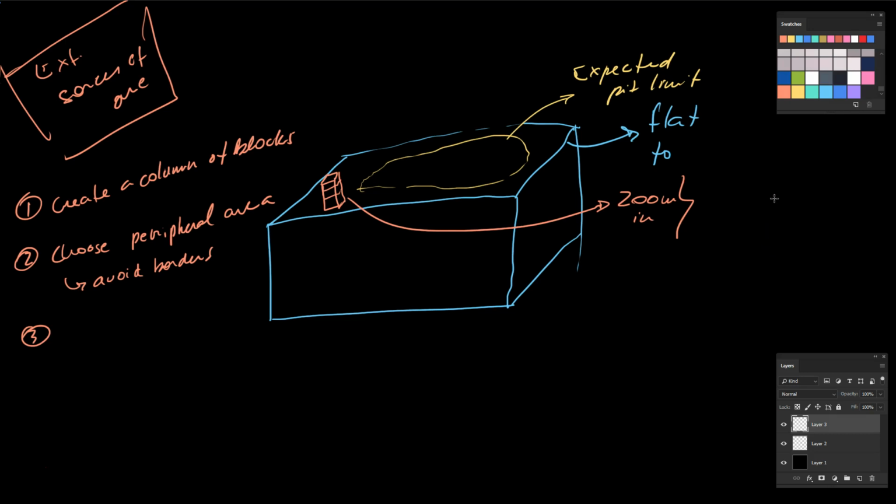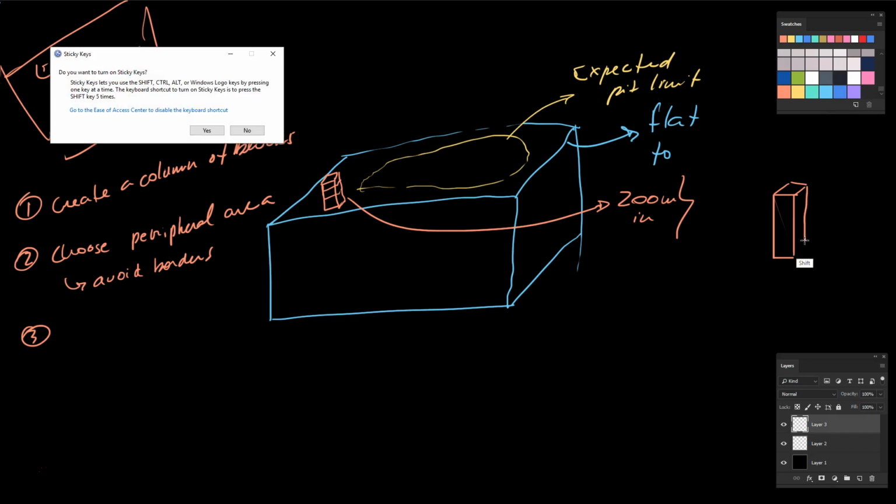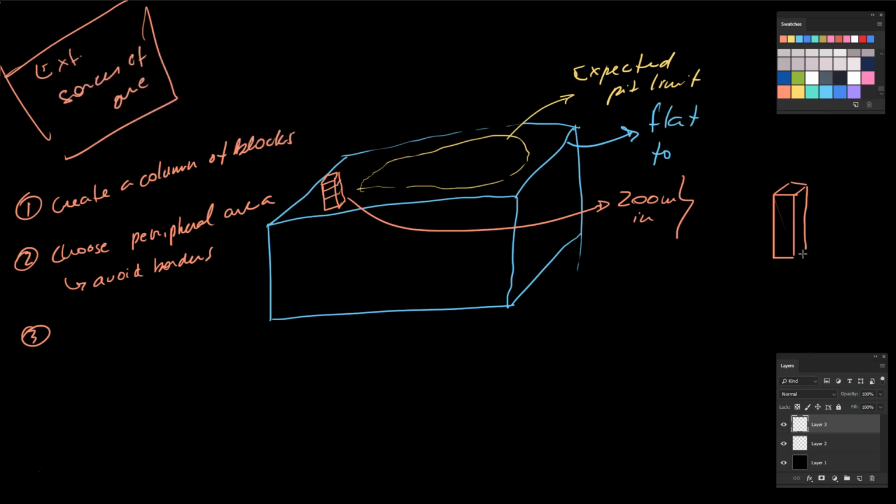So we have this column of blocks created, and around this column we have 8 adjacent cells.